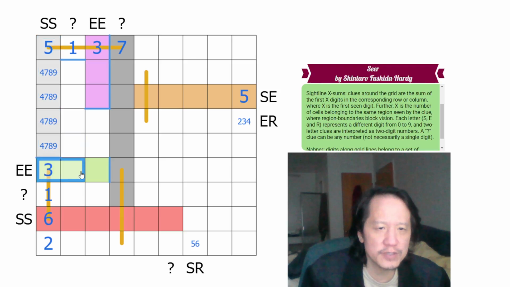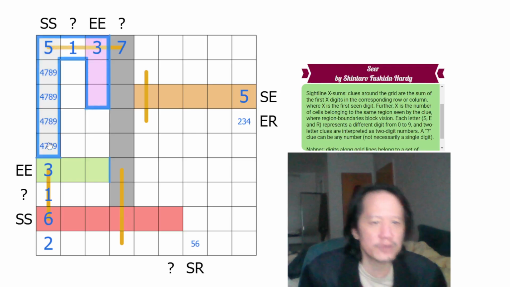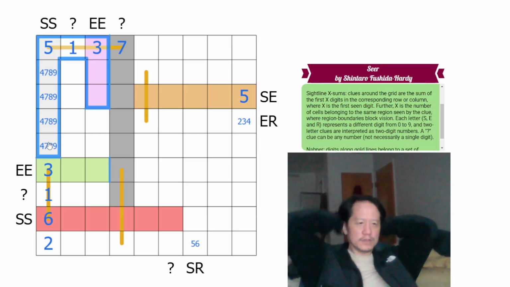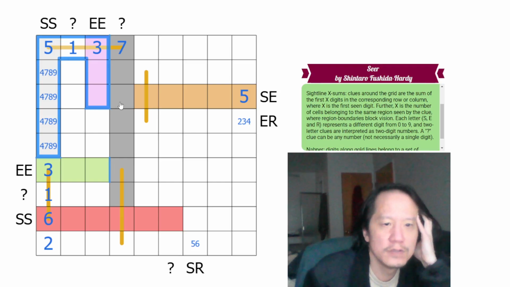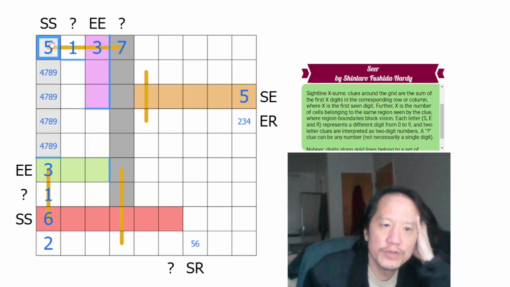Obviously, it's not part of the same region here. So this could be part of the region, right? This could be 3, 2, 6. So this, again, could be part of the same region. Can they be different regions is the question. Well, this is a different region than this.